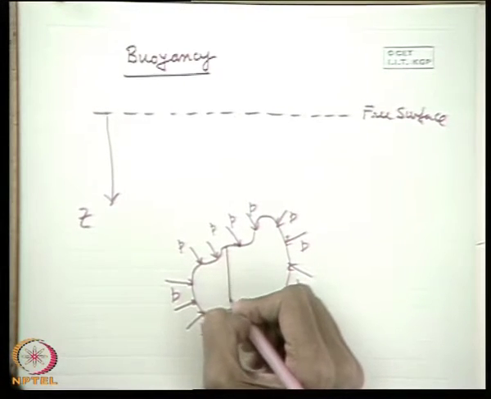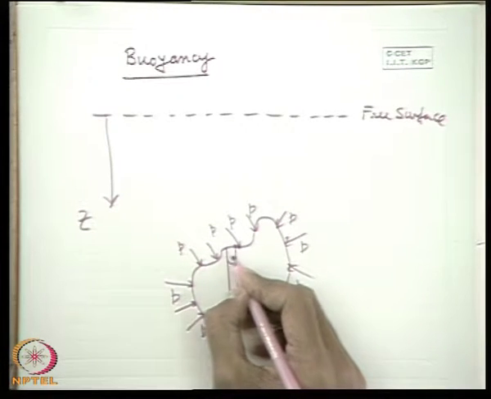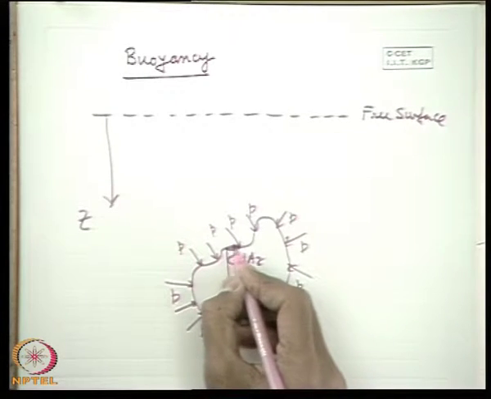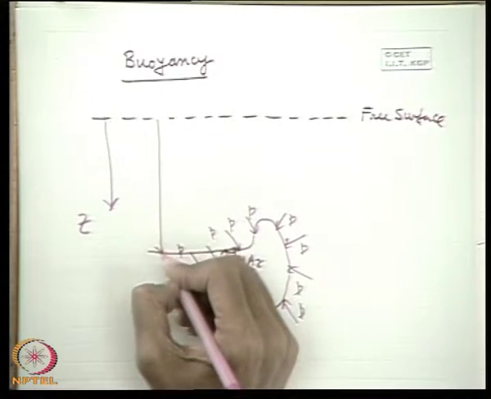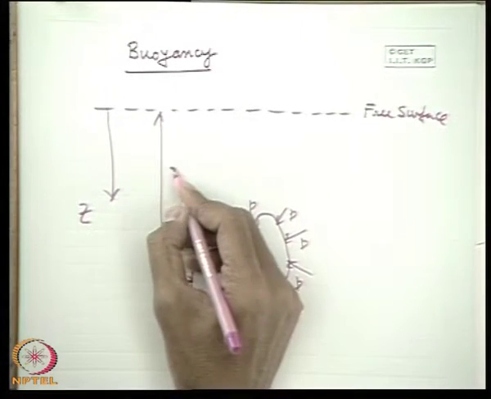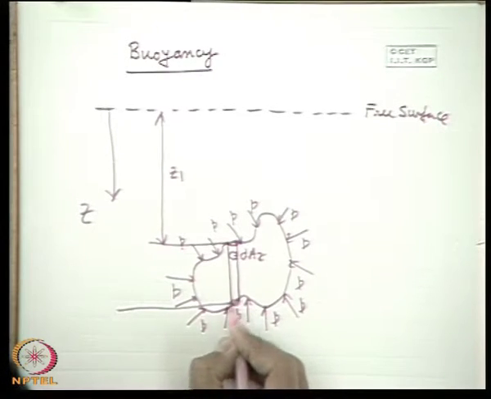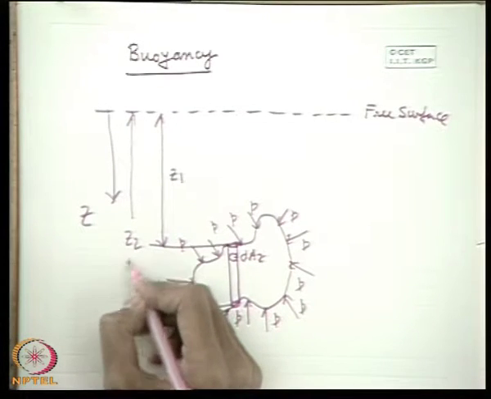Now let us take a prismatic liquid element whose cross-sectional area is dAz, in such a way that the upper surface is at a depth Z1 from the free surface, while the lower surface of the prismatic fluid is at a depth Z2.